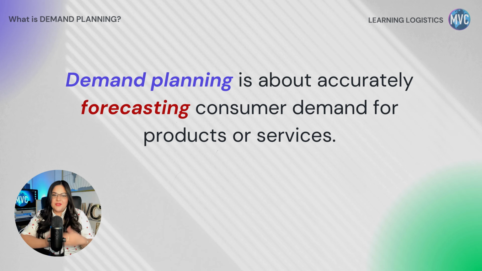I'm going to take you through those as we progress through the lesson today, but that would be the foundation of it. Demand planning really is about foreseeing, forecasting, predicting how much demand the consumer will have for our products.